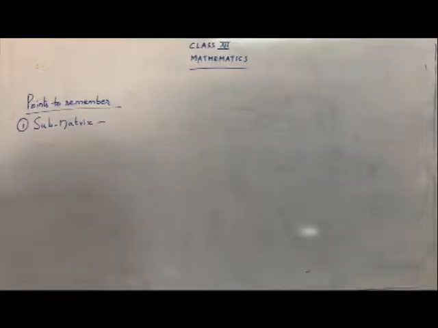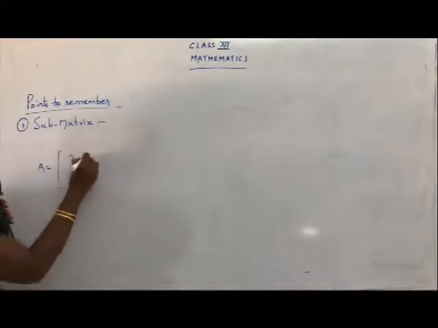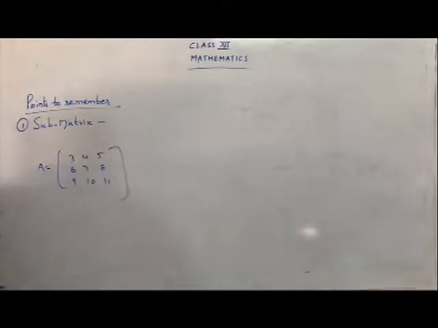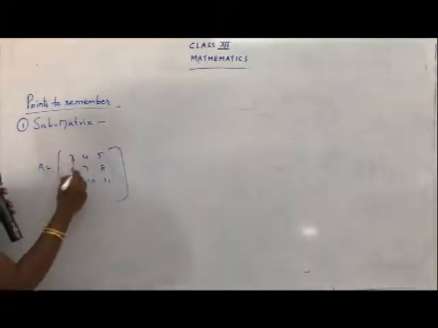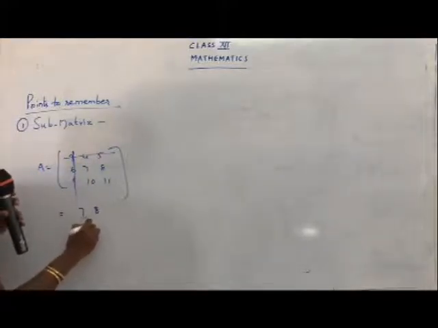A matrix obtained by deleting some rows and some columns of A is called a submatrix of A. Suppose we have a matrix A as 3, 4, 5, 6, 7, 8, 9, 10, 11. You are going to obtain a new matrix by deleting some row and some column. Suppose I delete this row and this column. What I get is 7, 8, 10 and 11.